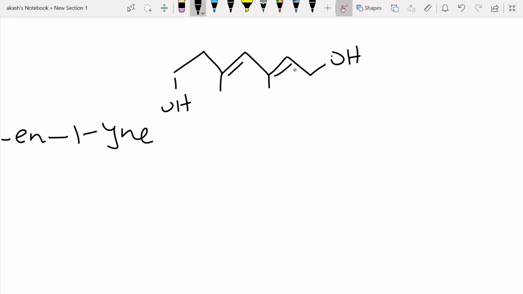Okay. Now answer my questions. Which has the highest priority, Mithun, here in this compound? Which has the highest priority in this compound?